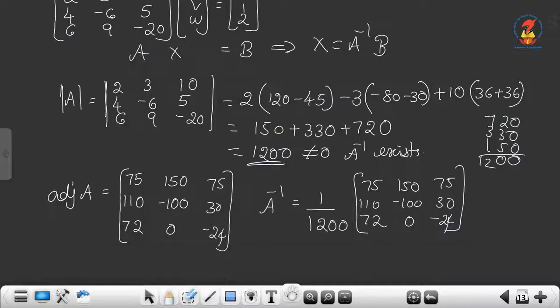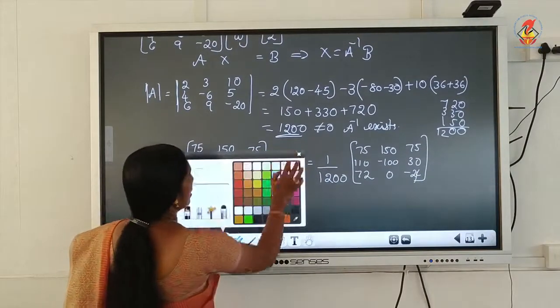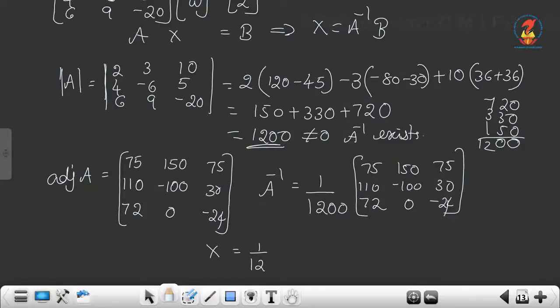Now the last step is X is equal to A inverse into B. So X is equal to 1 by 1200 into B. What is B?